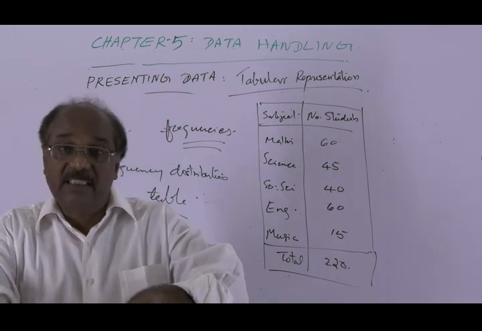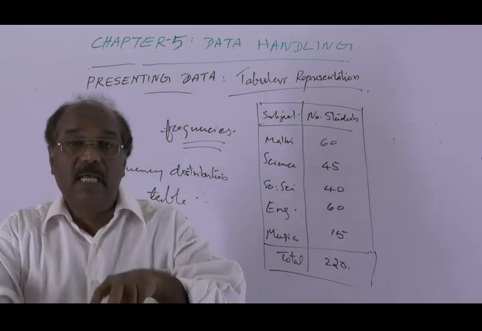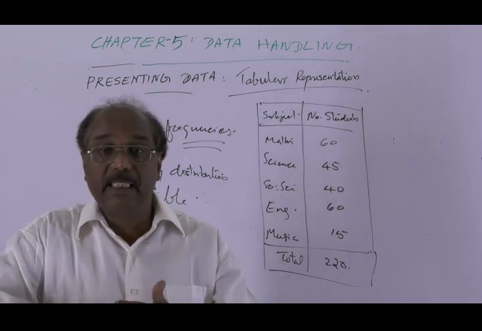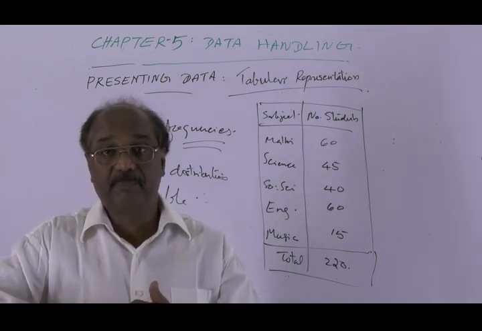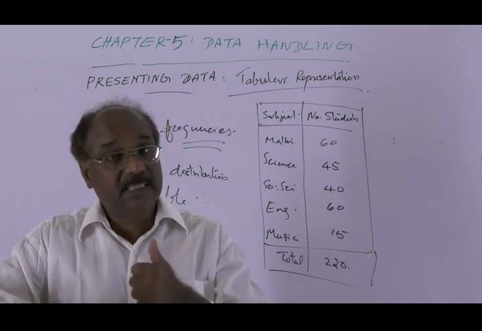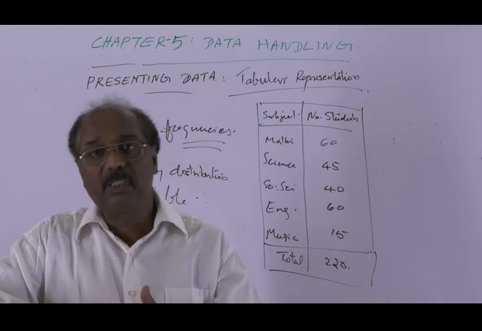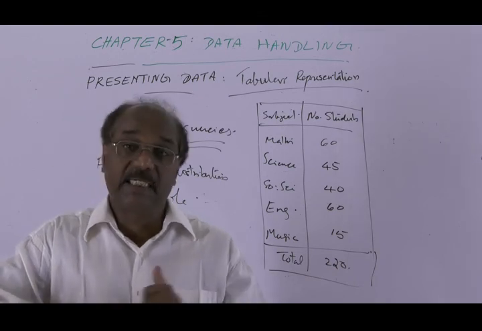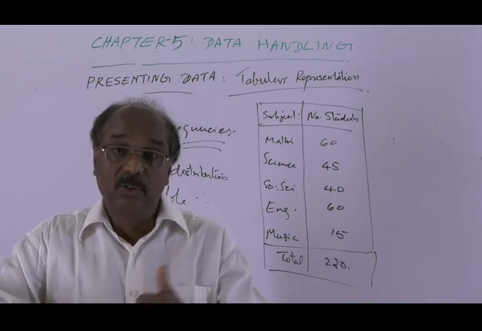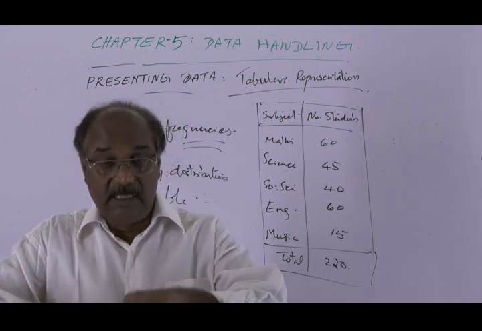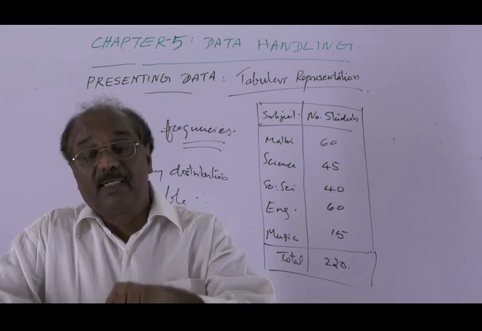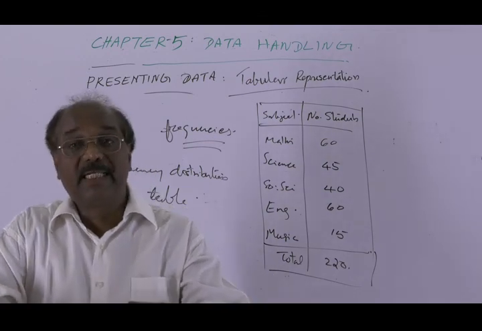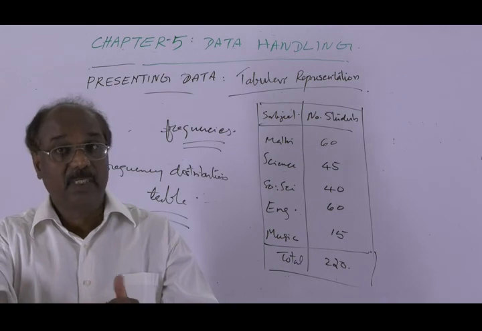So we will discuss this grouped table and ungrouped table in the next video. This classification depends upon the type of data and also upon the number of values, number of data items.